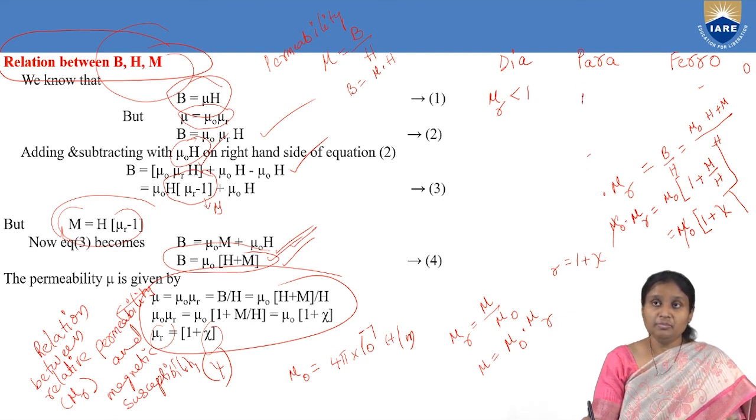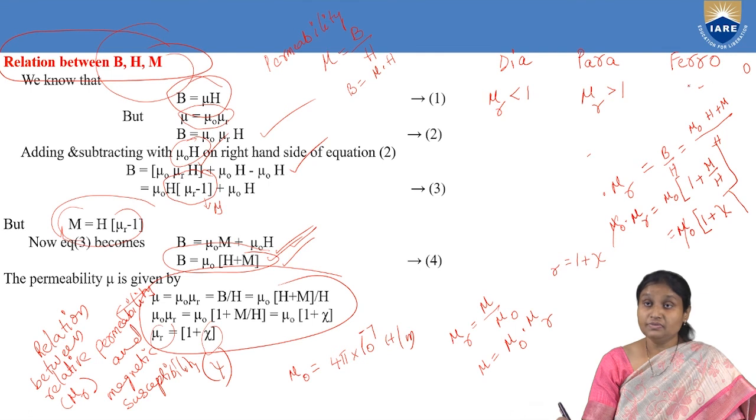When we talk about paramagnetic materials, its relative permeability value is slightly greater than 1, so it is just 1 point something. Whereas when we talk about ferromagnetic materials, we know that they have very high penetration of magnetic lines of force, so their relative permeability is very much greater than 1, and it is of the order of hundreds and thousands.